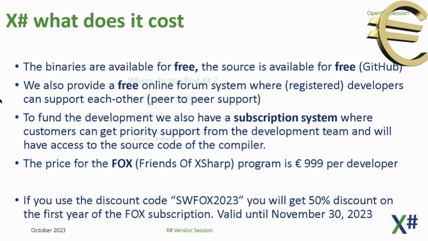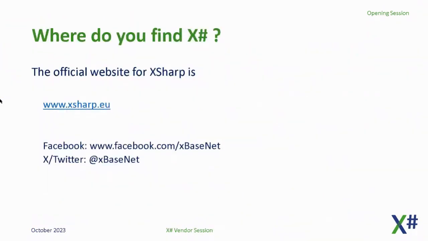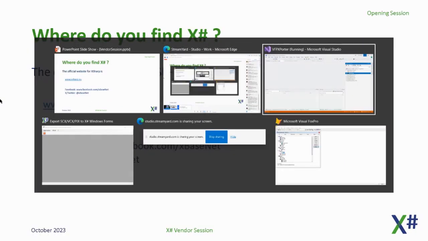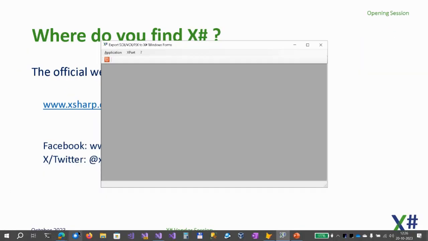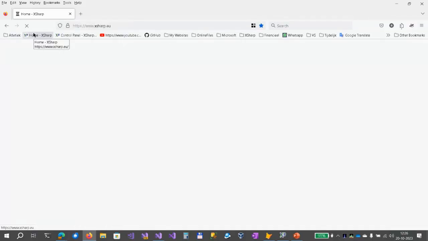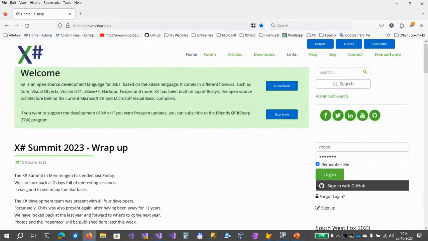Okay. So where do you find it? It's on our website, www.xsharp.eu. And we are on Facebook and Twitter, or X. Let's have a quick look at the website. It's slow, but that's because of the opt-in.